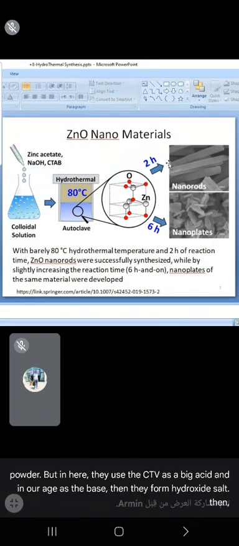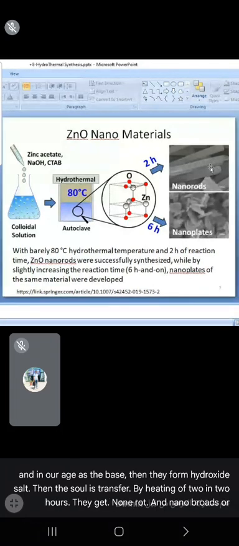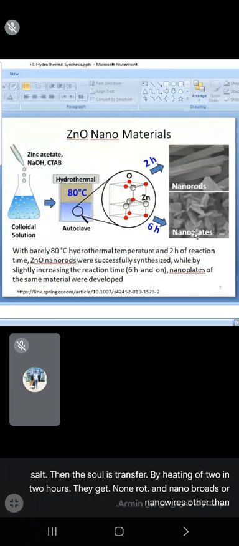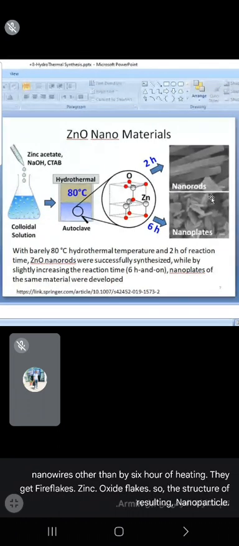Then the sol is transformed by heating in 2 hours. They get nanorods or nanowires of ZnO. And by 6 hours of heating, they get zinc oxide flakes. So the structure of the resulting nanoparticle is very dependent on your synthesis condition.